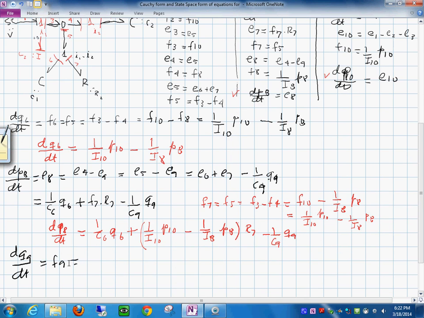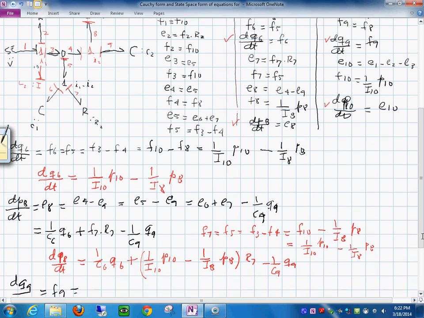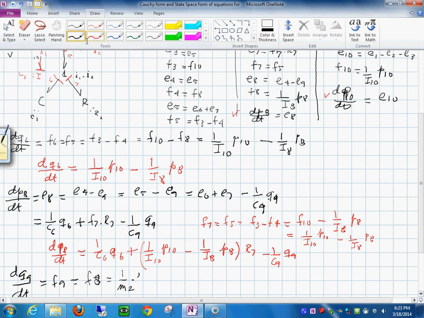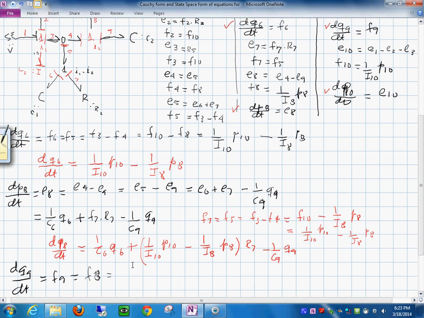And then you have F sub 9 is F sub 8. And F sub 8 is 1 over, not m, let's use the word I, so that it's all generalized.